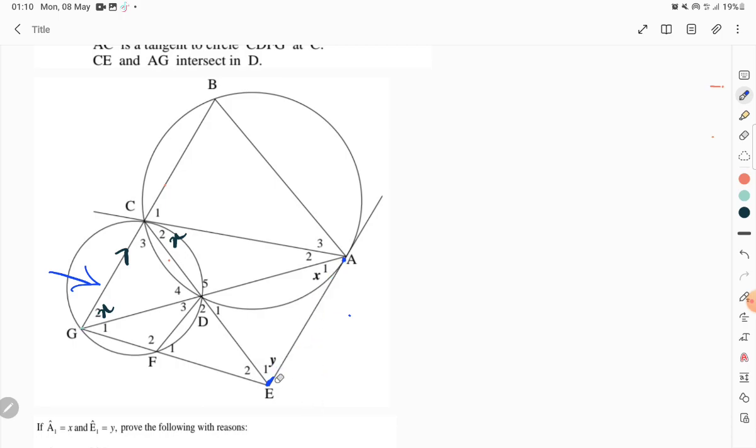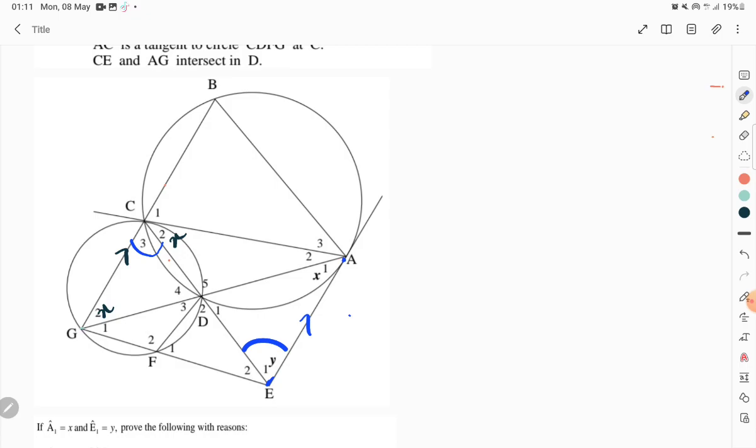That information we know. So these lines are parallel to each other, and that makes C3 equal to E1. Can you see C3? The reason for this is that these are alternate angles because of lines that are parallel to each other.